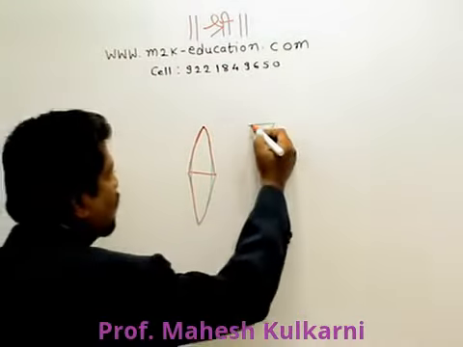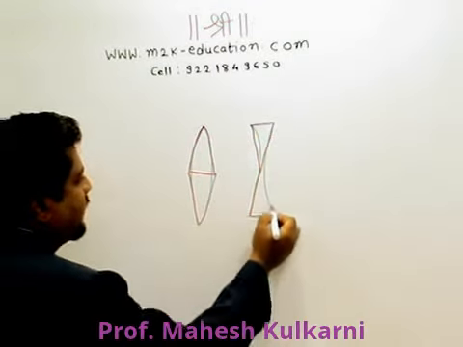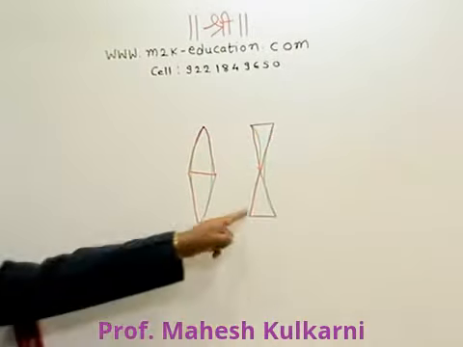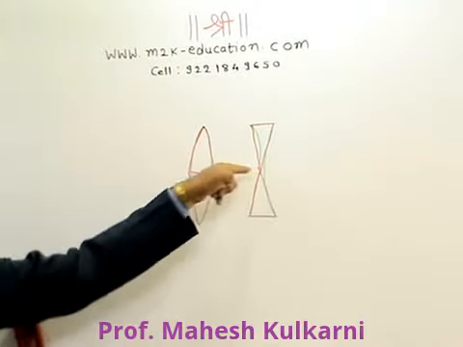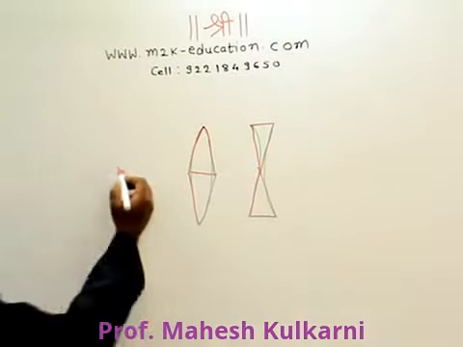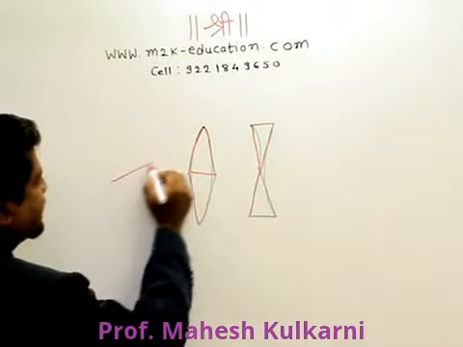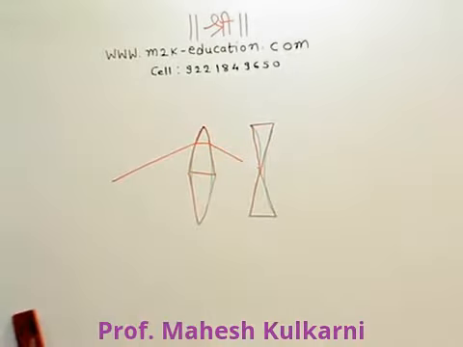In the same way, try to correlate this shape with this triangle. We may say there are also two prisms. Here they are joining towards the base, here these prisms are joining towards the apex. Now find out, if radiation is coming in this direction, the prism will pass out radiation in this direction.